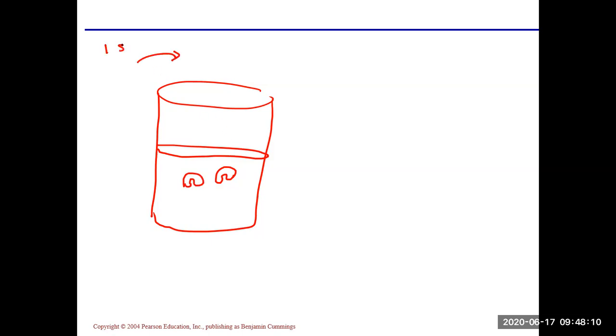You add 1 substrate, and let's say it takes 1 minute for the substrate to turn into a product if you use this enzyme. All right. So if you have 1 substrate, this substrate, maybe I should draw it smaller, is going to go in here, and that would take 1 minute.